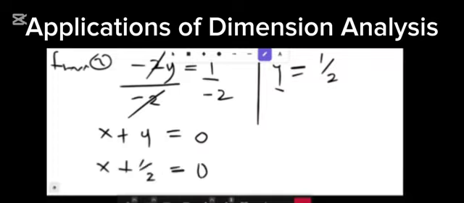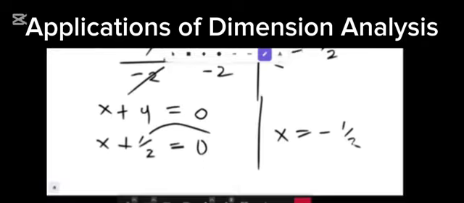From here, I can take this positive half to the other side. So x equals 0 minus 1 over 2, which is minus 1 all over 2. Now, I've gotten the two values for the two powers I introduced. x equals minus half, x equals minus 1 divided by 2.